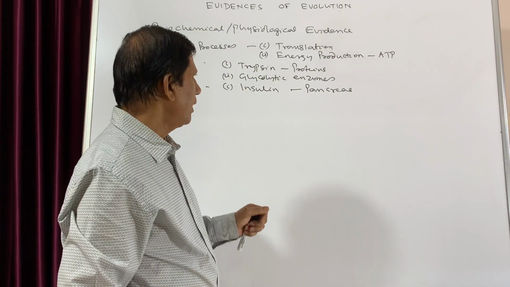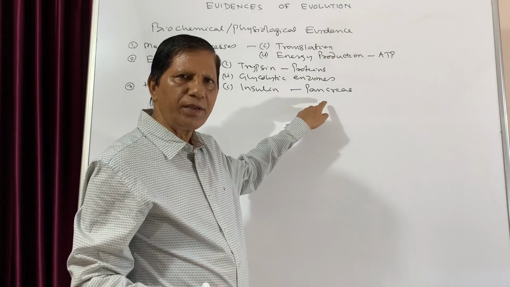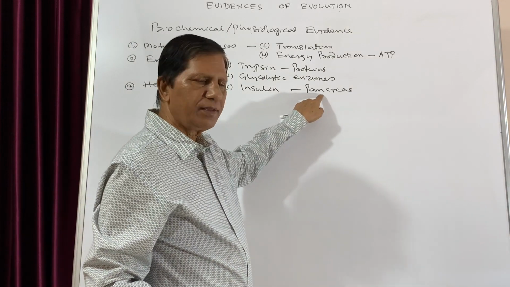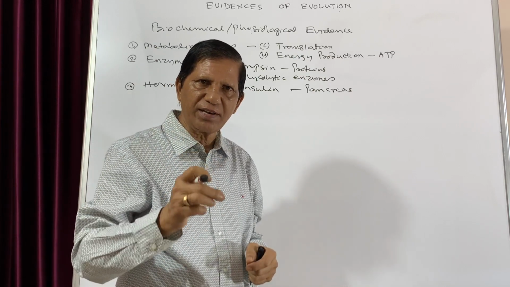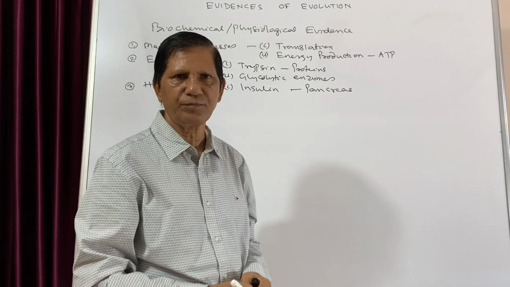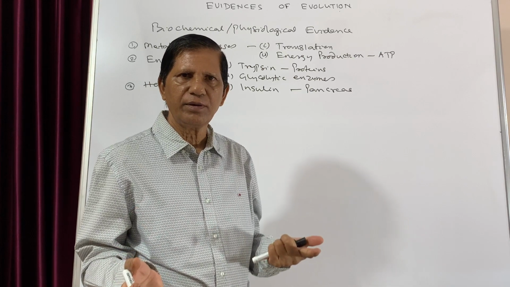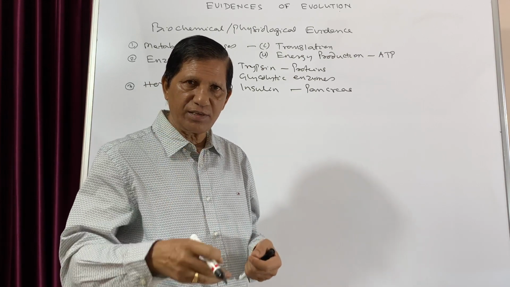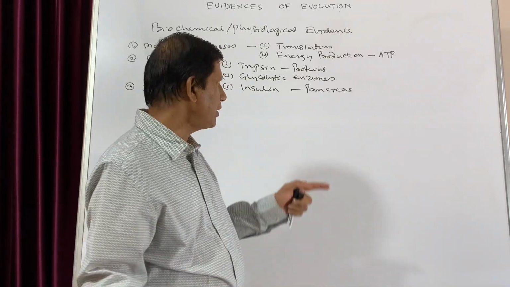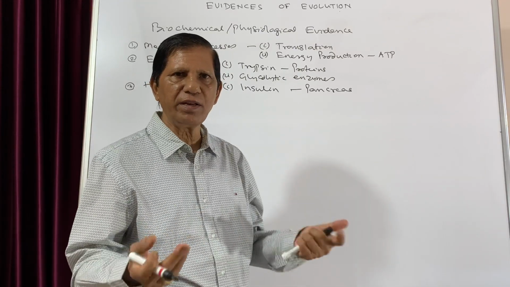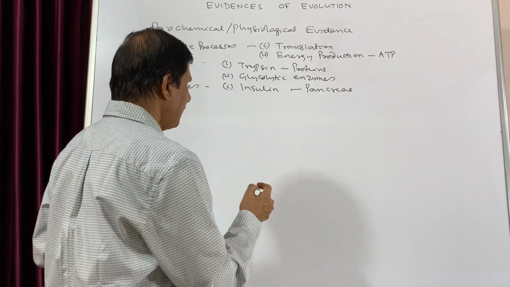Suppose from the human being we will separate the pancreas and will transplant the pancreas of a different animal. What will it do? The pancreas of a different animal, when transplanted to the human being, will also produce insulin because of the similarity.